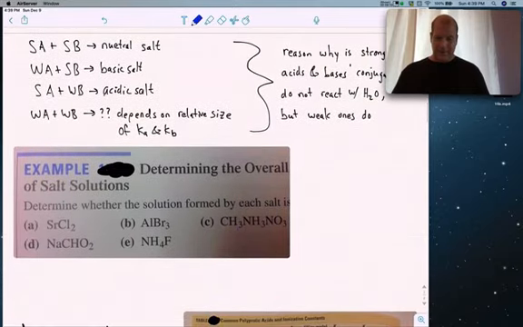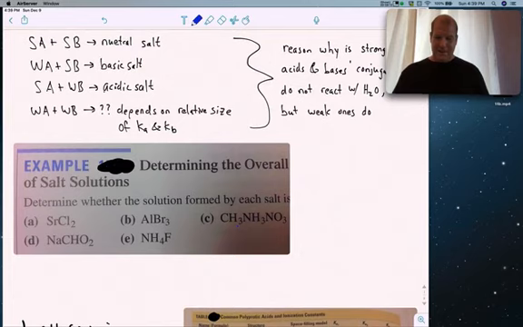Okay, moving on. Those are anions. What about complete salts? Strong acid plus strong base yields a neutral salt. A weak acid plus a strong base yields a basic salt. Strong acid plus weak base makes an acidic salt.